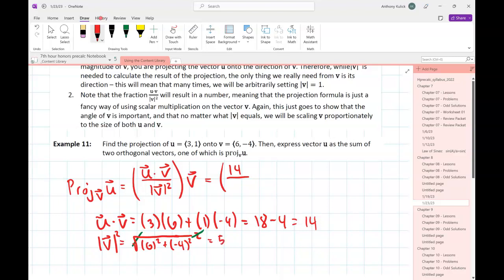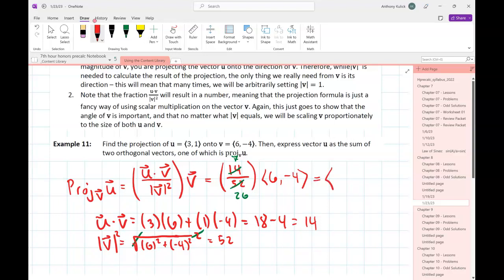36 plus 16 is 52. I'm going to go ahead and reduce that. 14 over 52 is 7 over 26. And then I'm just going to do the scalar multiplication.